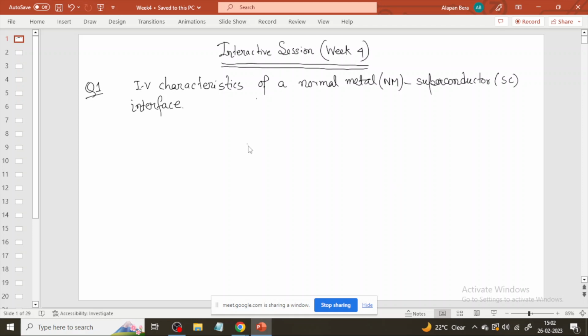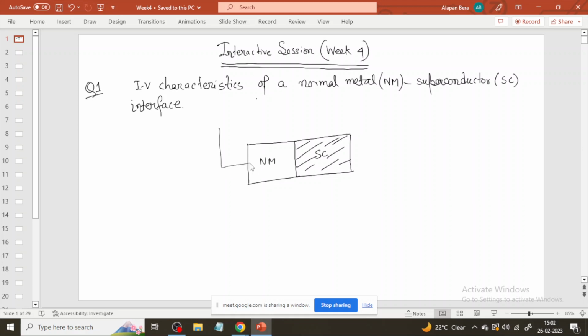Let's say this is a normal metal, and we have one superconductor on the right hand side. So this is the superconductor and this is the normal metal.